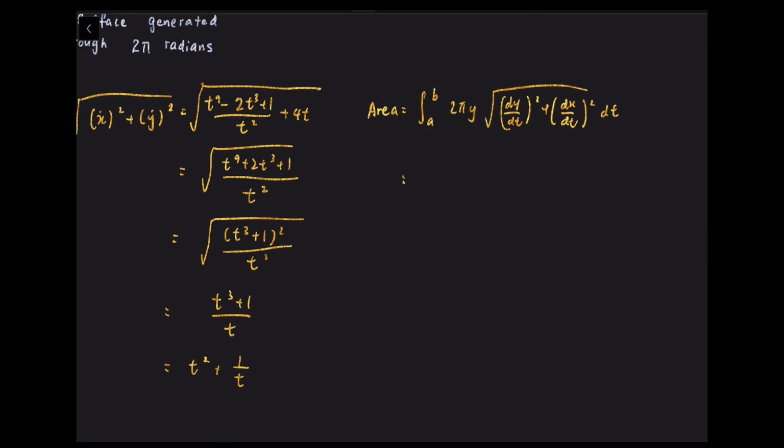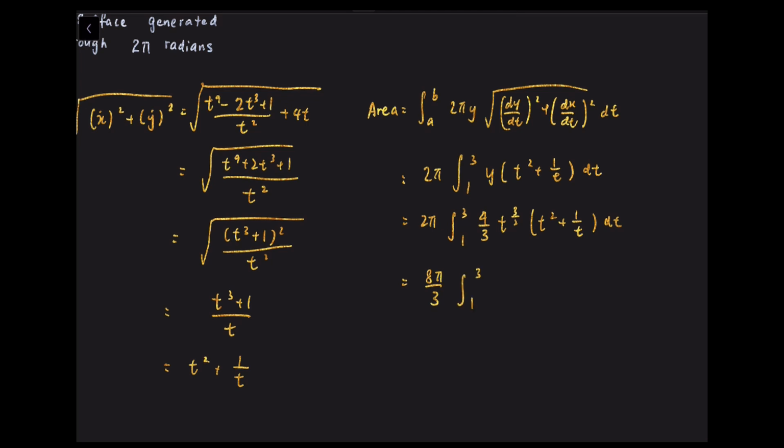So we have therefore 2 pi integrate from 1 to 3 y times (t cubed plus 1) over t dt, where y equals 4 over 3 times t to the 3 over 2. So after simplifying it, we have 8 pi over 3 integrate from 1 to 3 t to the 7 over 2 plus t to the 1 over 2 dt.